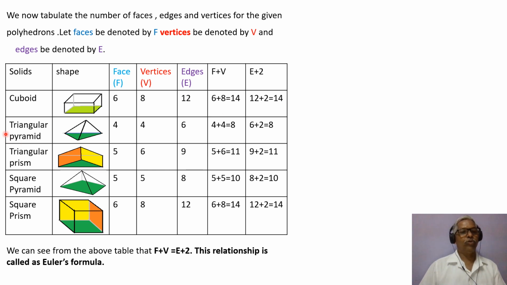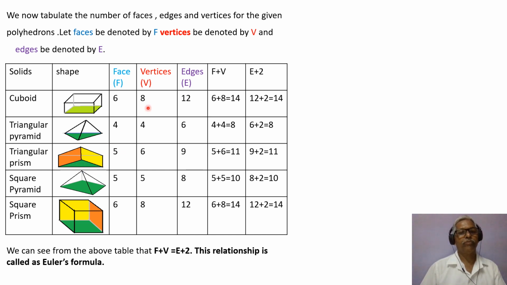We will now study a triangular pyramid, then triangular prism, square pyramid, square prism. So this is a triangular pyramid. Faces 4, you can count. Vertices 4, 3 at the base and 1 here. Edges 6. So F plus V is 4 plus 4 is 8, and E plus 2 is 6 plus 2, which is 8. Triangular prism: faces 5.